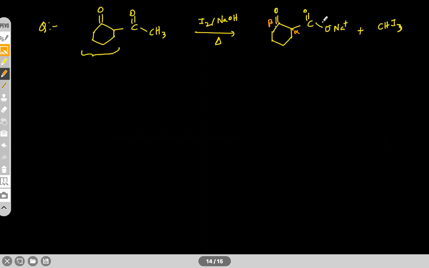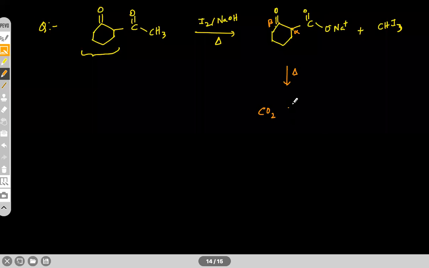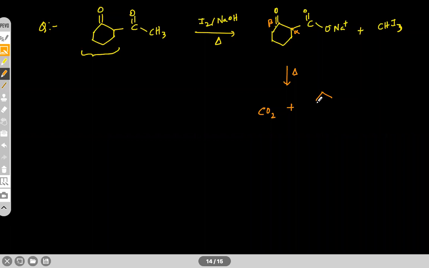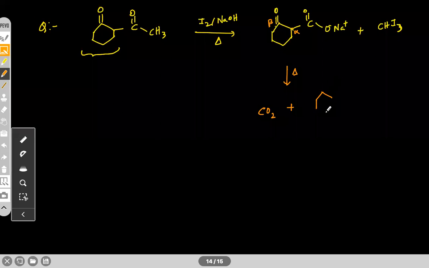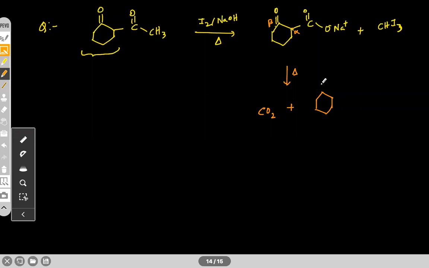But whenever we have a beta keto carboxylate ion or beta keto acid and you are heating it, where at the beta position we have a keto group present, then CO2 eliminates from this. CO2 eliminates and the rest of the molecule will be as it is.